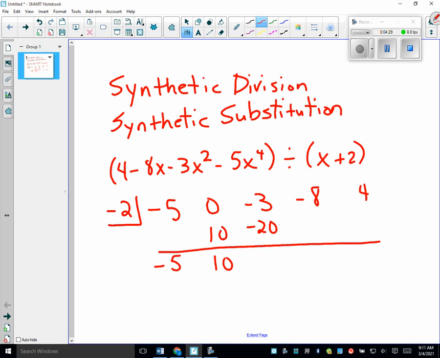And I add. I multiply these two together. 46. And I add. Multiply these two together. 76. And I add.